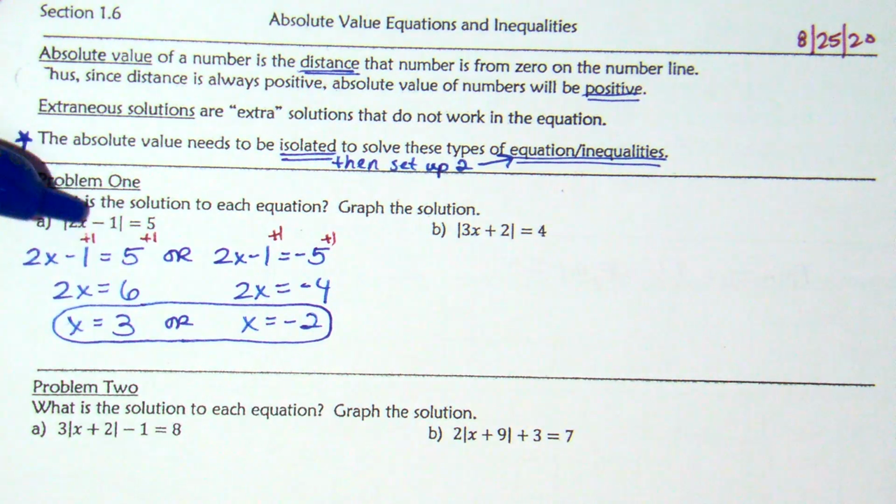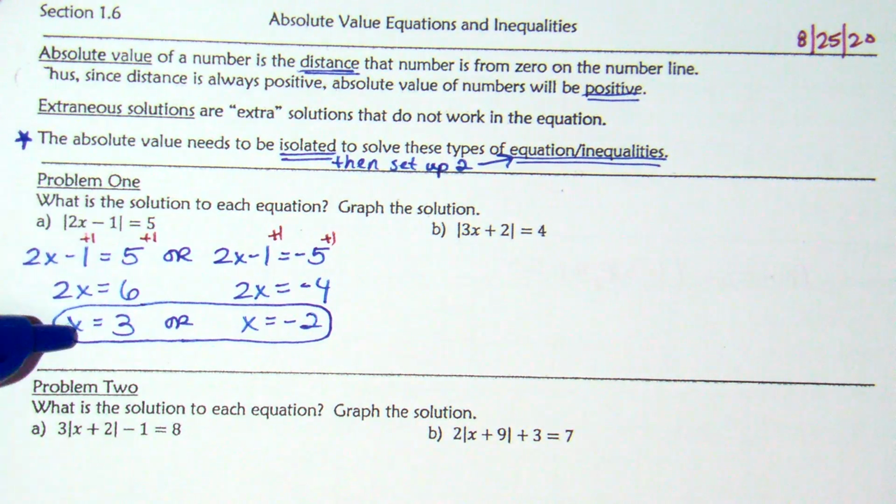Negative 4 minus 1 is negative 5. But then it says absolute value, right? So actually, my answers could be positive or negative. Okay, so they are both valid answers here. You can do the same thing for 3. If you put it in, 2 times 3 is 6, minus 1 is 5, absolute value of 5 equals 5.